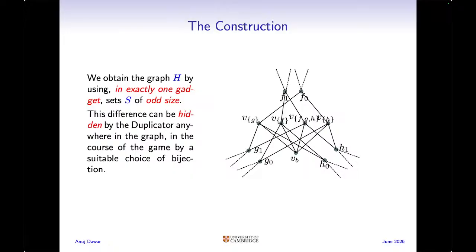Okay? And the point is that this one local difference between the graphs can be hidden by the duplicator in the game, because you can essentially swap an edge to make this difference in this gadget appear in the next gadget along instead, right? And you can follow any path along in the original graph F to hide the twist anywhere.